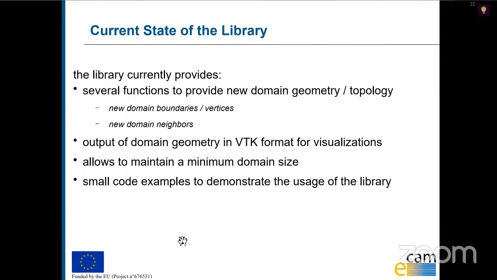We also provide the possibility to maintain a minimum domain size. So, for example, if your system is divided into discrete sublengths, the library would be able to also provide you a domain decomposition where the smallest size of a domain would not be smaller than the provided domain size.